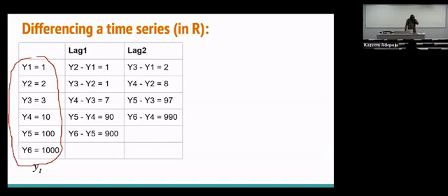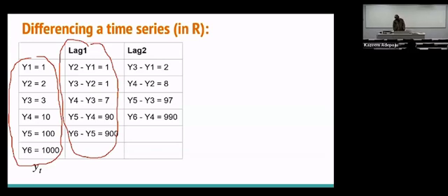Then we difference by lag 1. Lag 1 means the second data point minus the first data point, the third minus the second, and so on like that. That was what led to this. Does that make sense? That is differencing at lag 1.